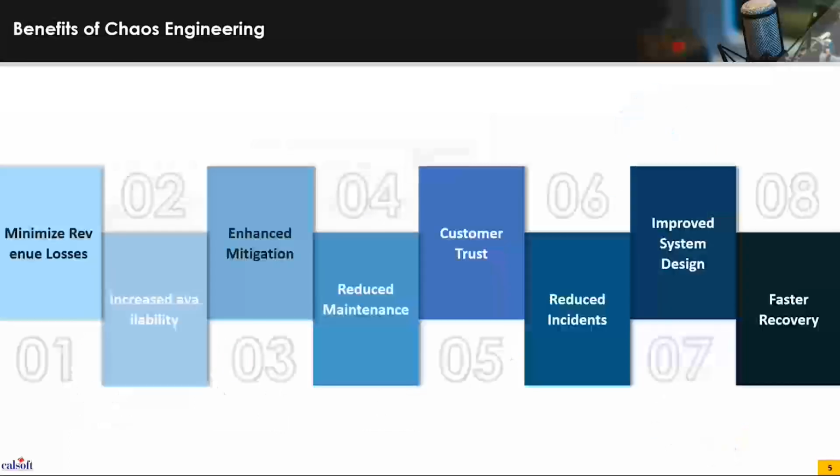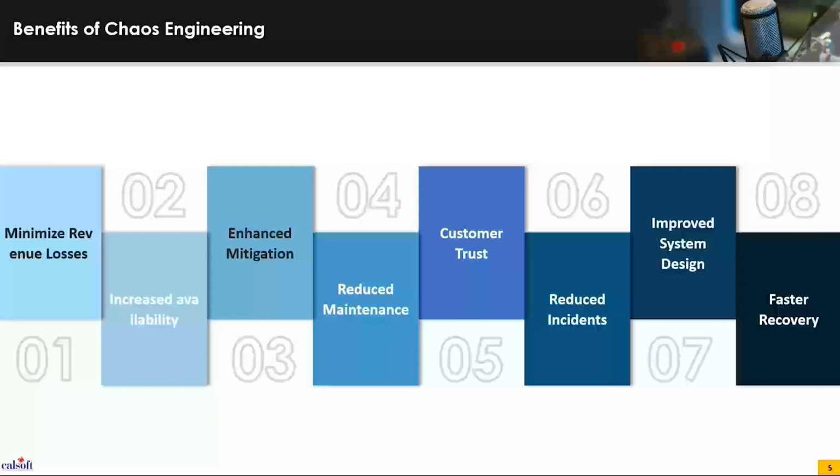Yeah, sure. There are a bunch of key benefits chaos engineering offers. To begin with, of course, revenue is the prime focus. Chaos engineering helps you to minimize revenue losses, as we discussed in the Facebook case.